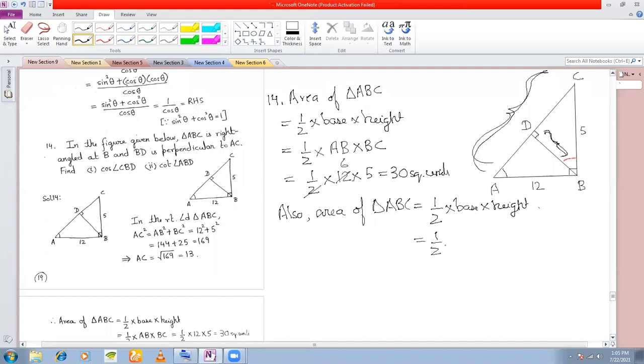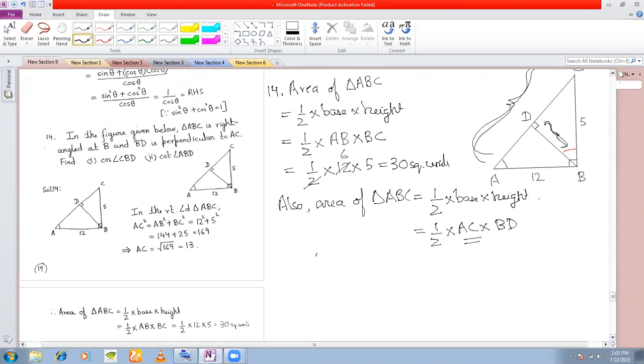Half into base into height, which is equal to half. Base here is AC and height here is BD. Okay, but the length of AC we don't know. So we'll find out the length of AC by Pythagoras theorem.